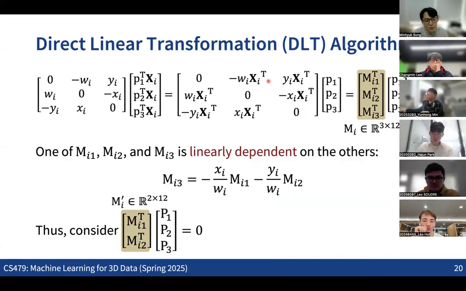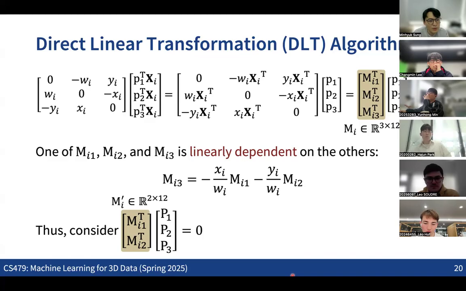And the other rows are the same, which means that one of those three equations is basically useless. We just need to take the two equations. So now we can see that from one pair of 2D and 3D points, we can obtain two homogeneous linear equations, while we have 12 parameters. Does it make sense?